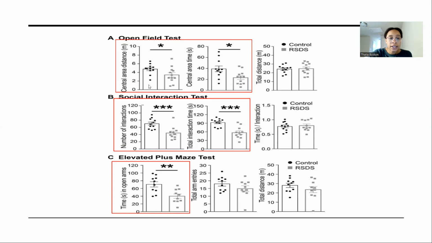So as you can see, this one is measuring the amount of distance they cover in the open field test. And in the control group, they wander around very averagely in the open field test, whereas in the repeated social defeat group, which is the experimental group, they have a high standard deviation, which is shown by the whiskers here, meaning that some of them do go around the box with a high distance where some of them don't.